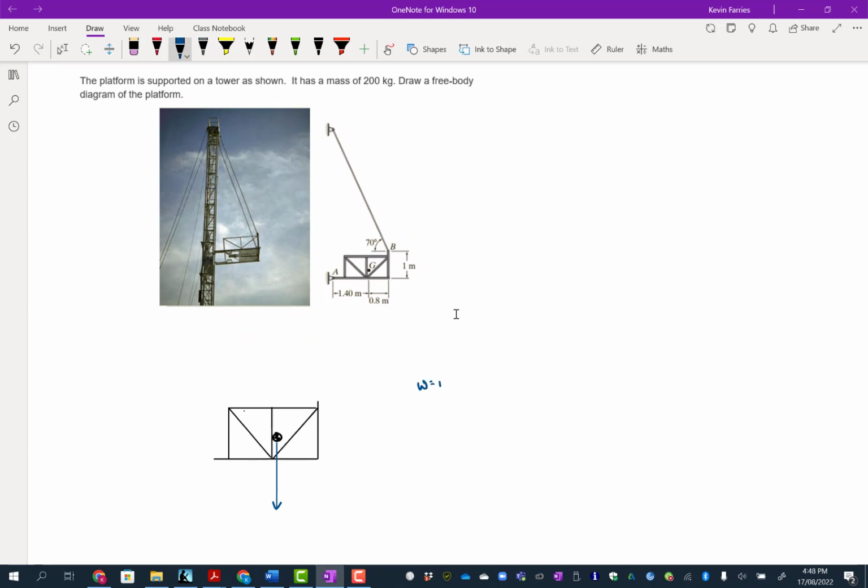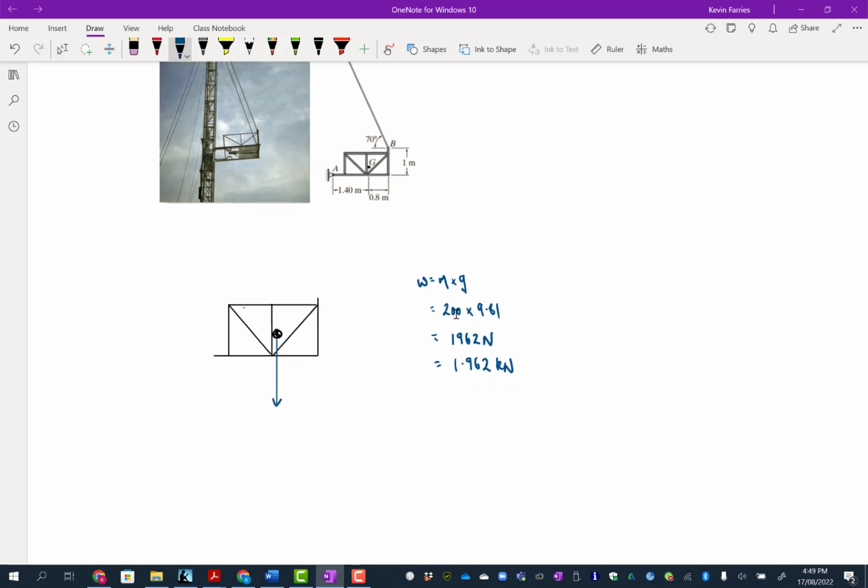So weight is equal to mass times gravity, which is equal to 200 kilograms times 9.81 meters per second squared, which is equal to 19.62, hold on, times, this would be 1962 newtons, because we put in kilograms, so it's coming out in newtons, and I'd probably just change that to kilonewtons, 1.962 kilonewtons.